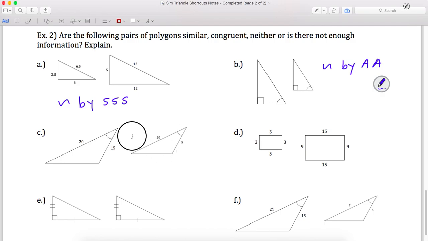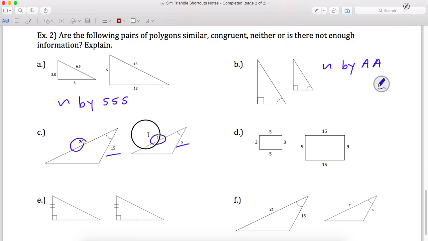All right. Moving on down to part C. It looks like we have a side angle side setup going on here with these two triangles. However, if you look closely, this 20 corresponds to that 10, and this 15 corresponds to that 5. So even though we have a side angle side setup, these triangles are not similar, and they're obviously not congruent either.